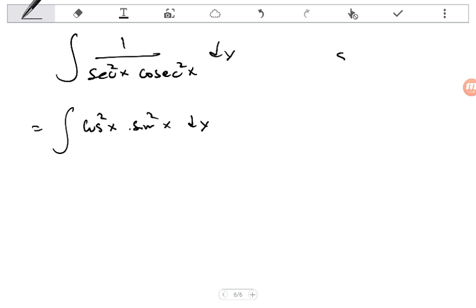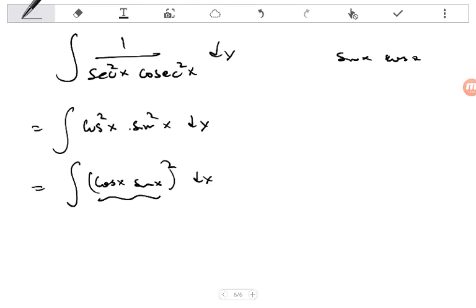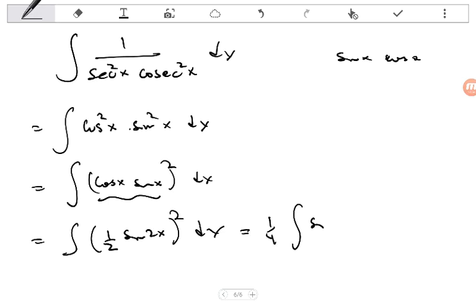I apply the reduction formulas by finding first any sine multiplied by cosine. Could I find here any cosine multiplied by sine? Yes, it is here. I can express this as cosine x sine x all squared. And I apply the reduction formula for this one. This will be half sine double the angle all squared dx, which will be 1 over 4 integration of sine squared 2x dx.